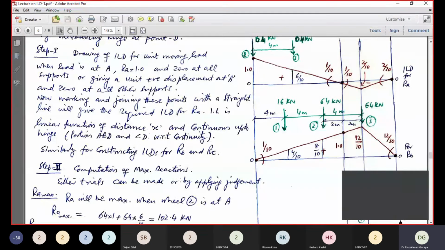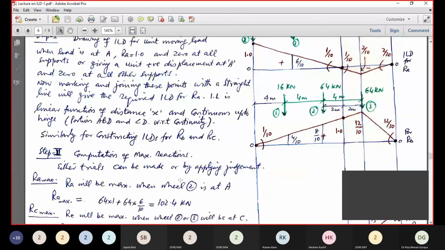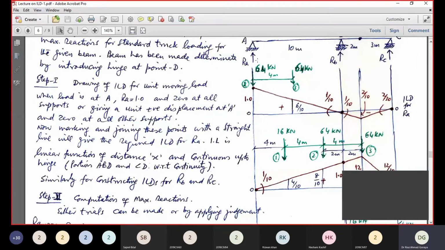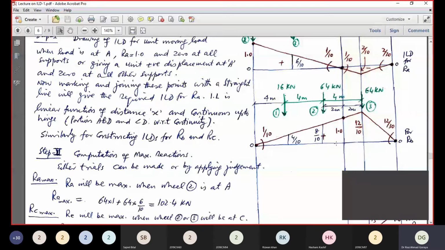Similarly, now look at this one as well. For B, the ordinate here is 1 and 0 at the other supports. So you have 3 key points for the ILD for RB: 0, 1 and 0.